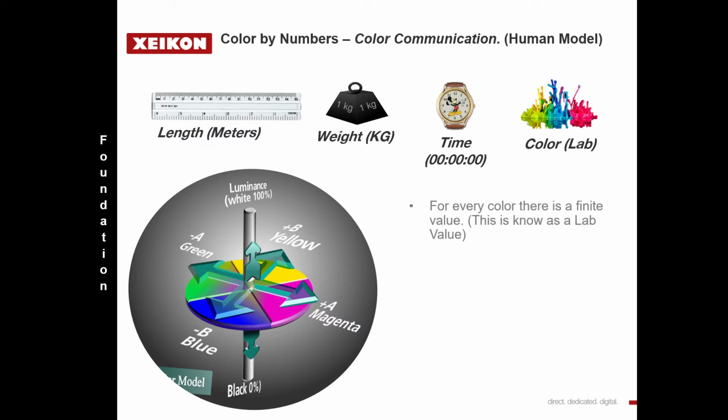This means that we can describe every colour as a finite value. We're no longer limited to CMYK. And if you can define a colour, you can communicate a colour. So just like with our meter, we can ask for a meter of something being reproduced somewhere else in the world without actually giving a sample. We can ask for a colour by giving this unique number, this Lab value, and giving that only as a way of communication.